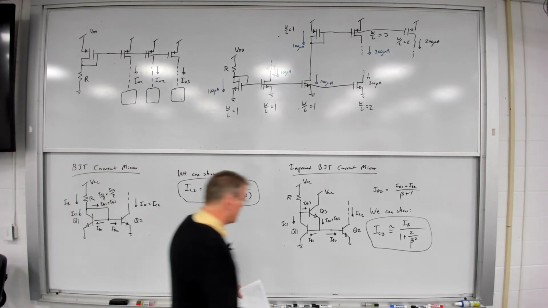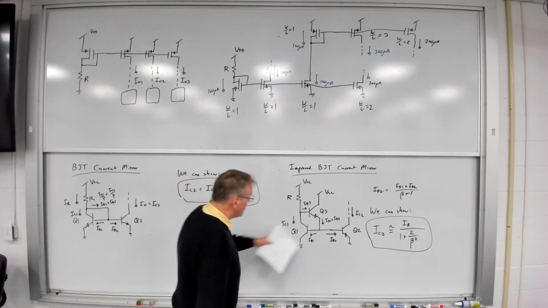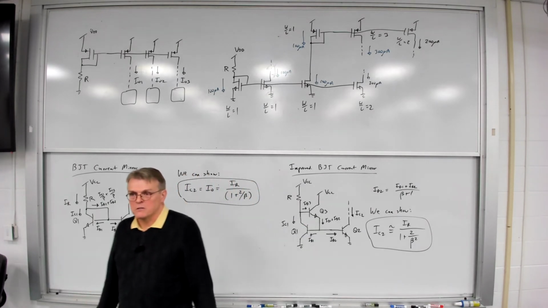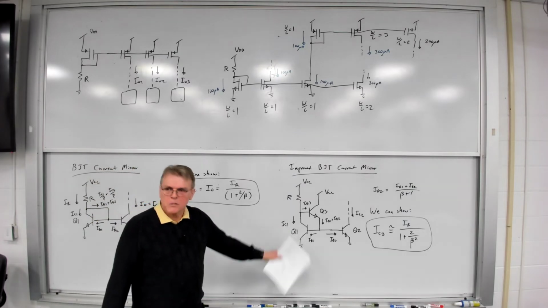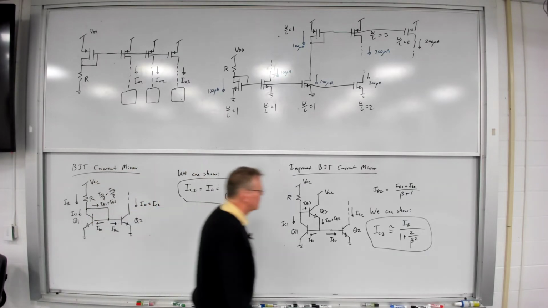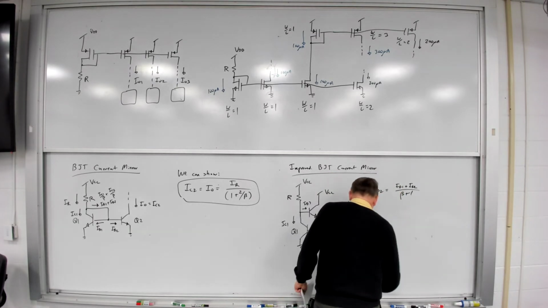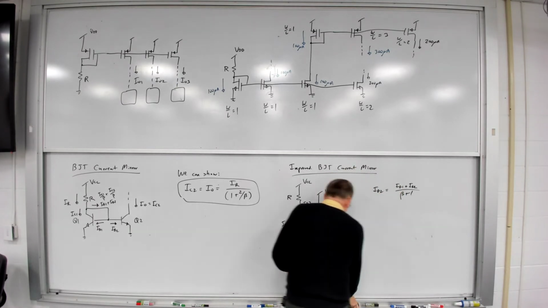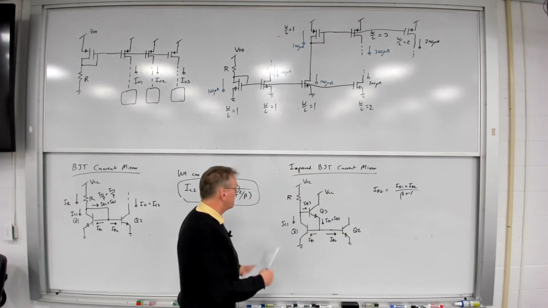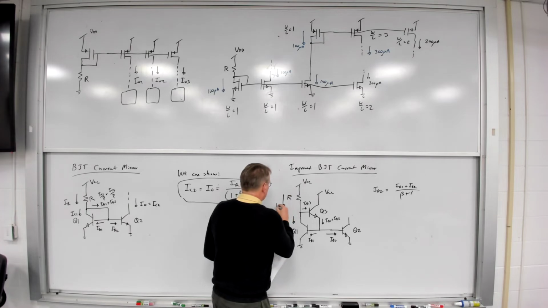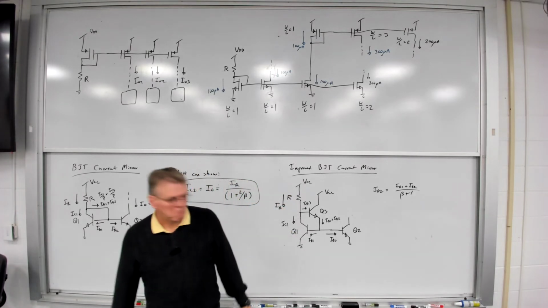Okay, and incidentally, I should also add this. Here I assume that Q1 and Q2 are identical devices. There's no such thing as width or length in BJTs. So can I get multiples of a current? Yeah, sure I can. What if I wanted to approximately double the current compared to the reference current? How would I do that?